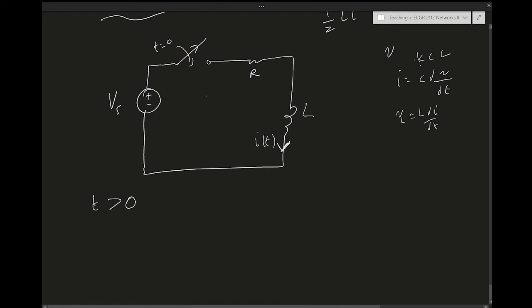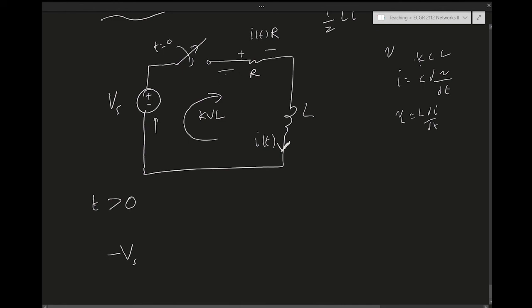Let me go around the loop like this. I start with minus Vs, that's the voltage drop across the voltage source, and I'm just applying KVL. And then what's the voltage drop across the resistor? It is i(t) times R. When I go this way, I hit the minus, so I have a minus.